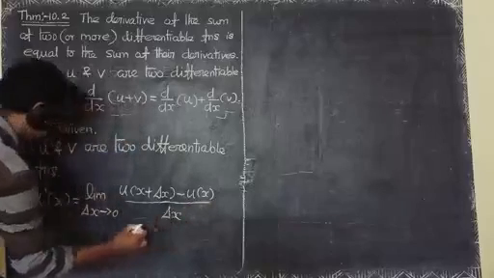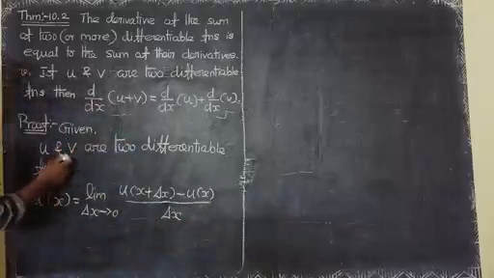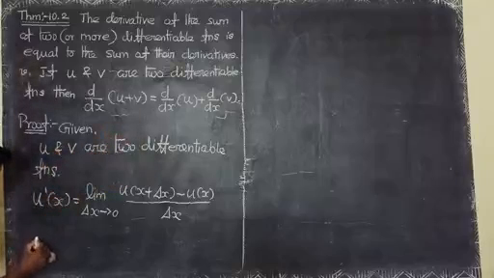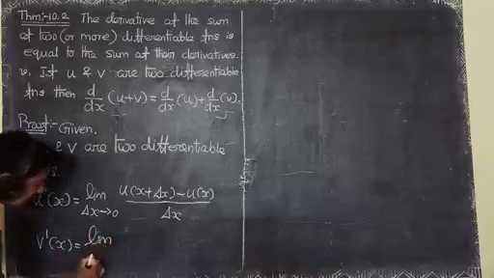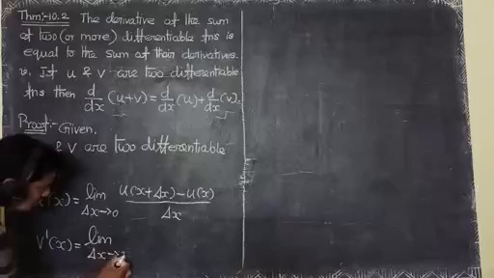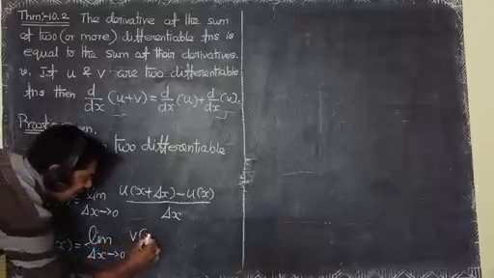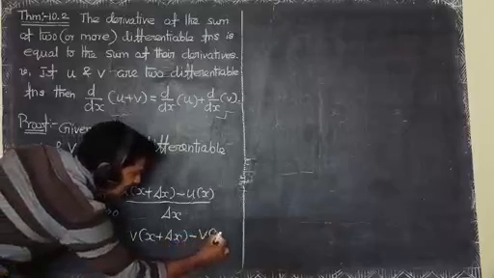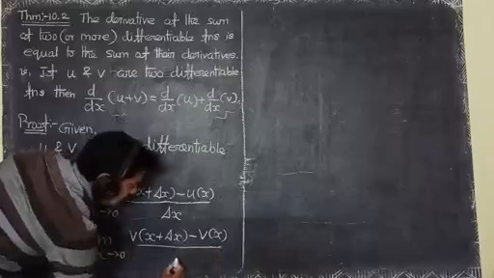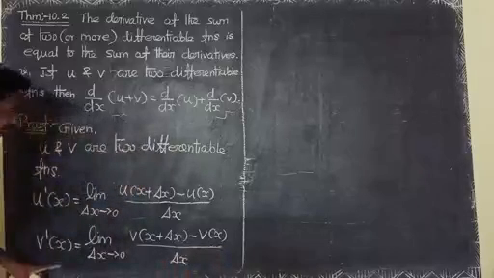This is called u'(x). v is also a differentiable function, that is v'(x) = limit as Δx approaches 0 of [v(x + Δx) − v(x)] / Δx. This is called v'(x).